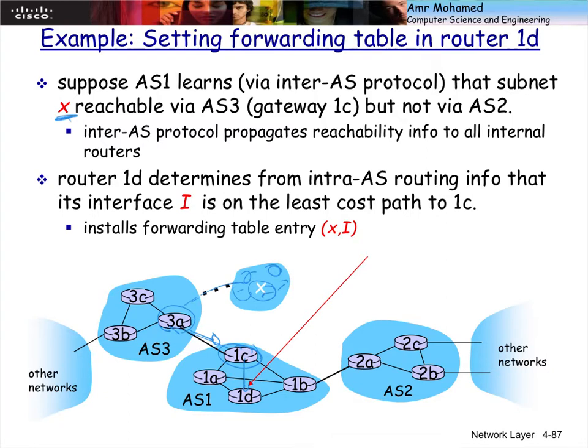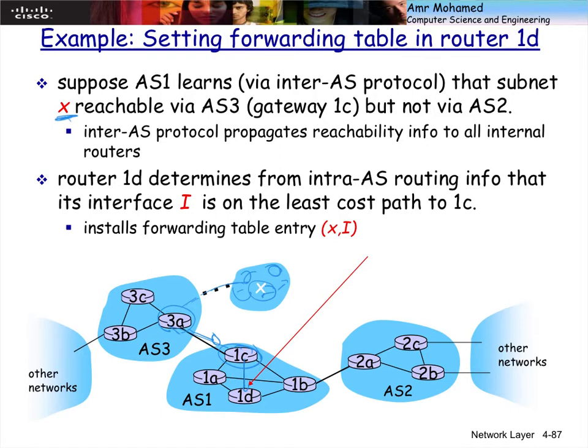So I need to only propagate that prefix. What I need to know is that any address in that range, I need to send to 1C. So they use route summarization in order to save space in the route propagation, right?